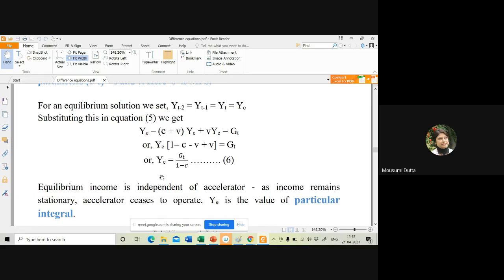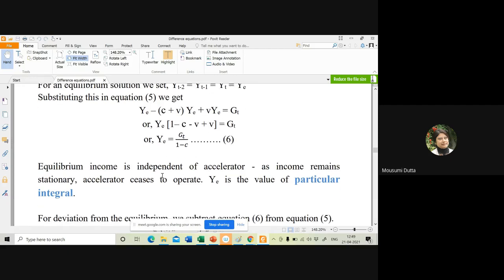YE is also the value of the particular integral.